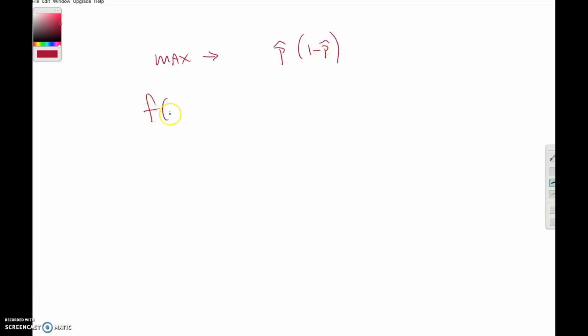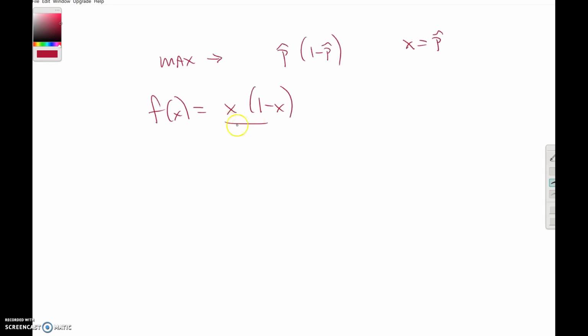So let's create a function, f of x. We'll let x equal p-hat. That is simply x times 1 minus x. Not the most exciting function to maximize, but you should all be able to do it. Calculus, pre-calculus, algebra 1, you should be able to maximize this.